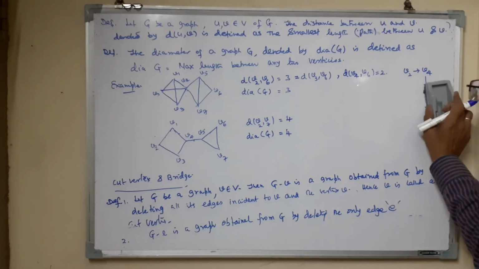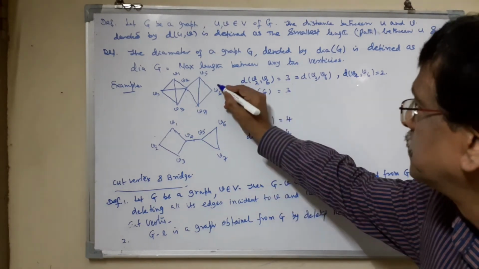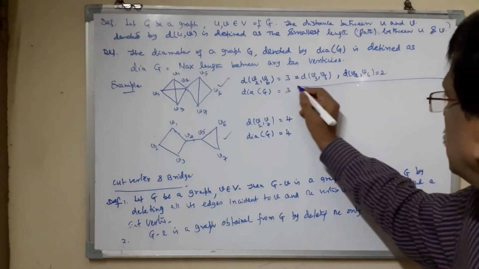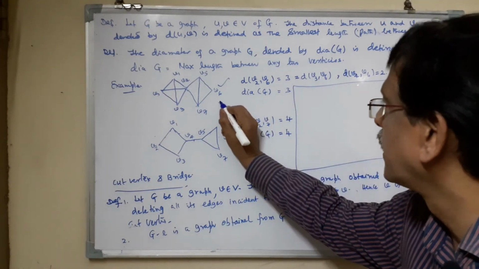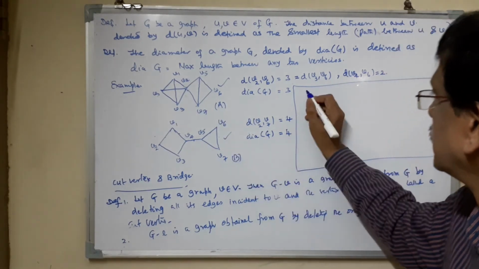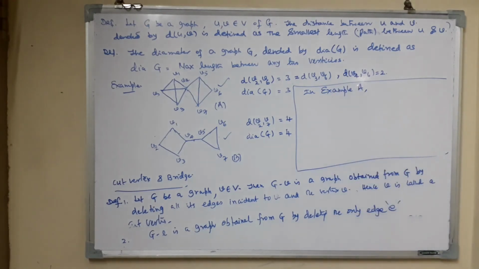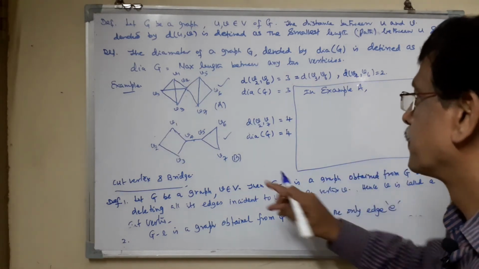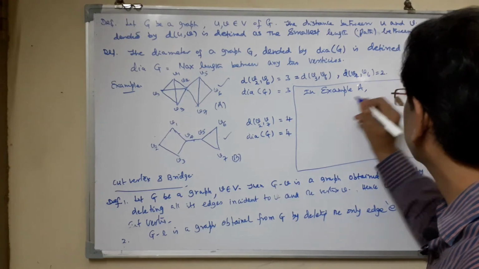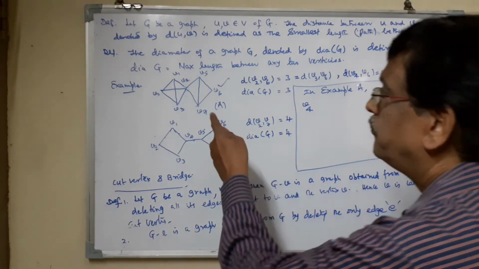I want to see the same for these two, the same example, I will call them A, B. In example A, let us see what is a cut vertex.